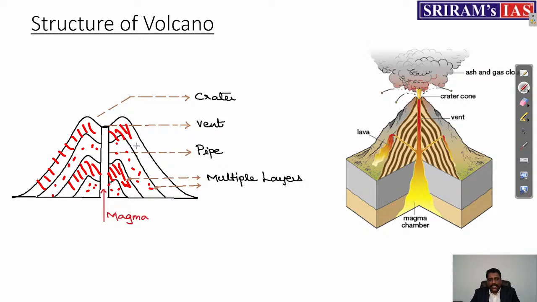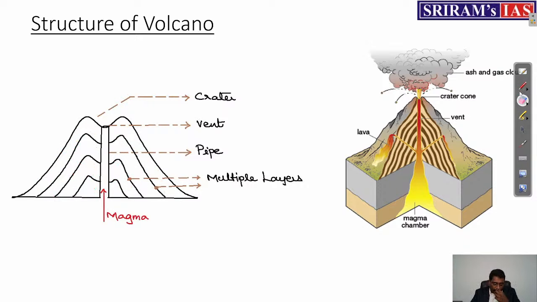Every layer gets added during one episode of eruption. If one volcano has 5 layers, it means at least 5 times this volcano would have erupted. That's the meaning.